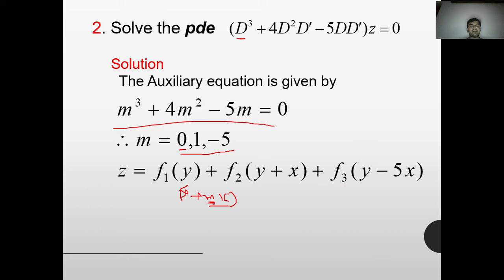This is the general solution of the equation.